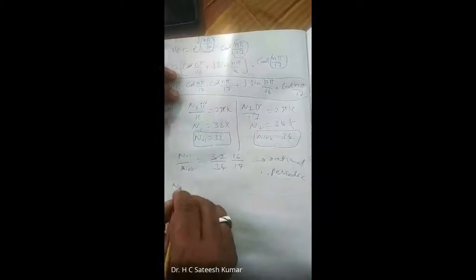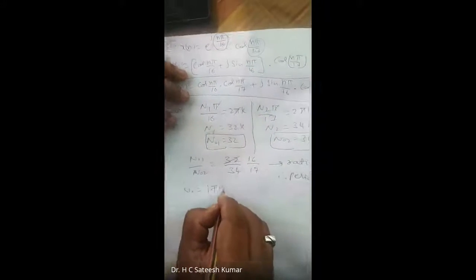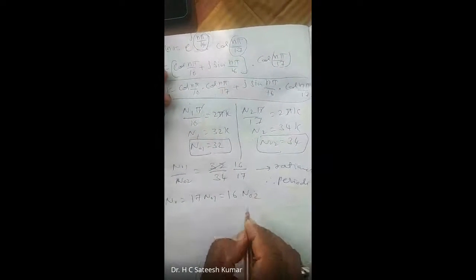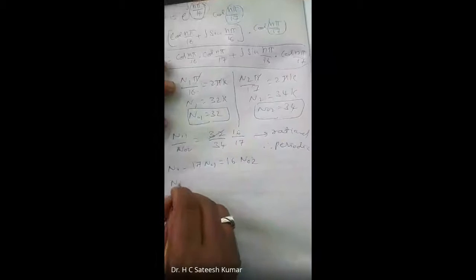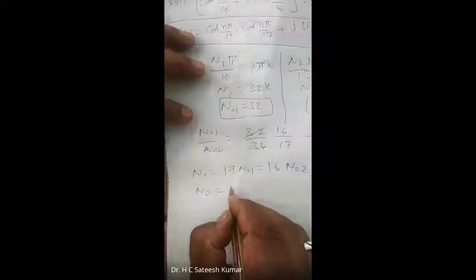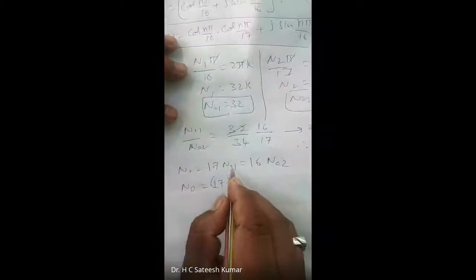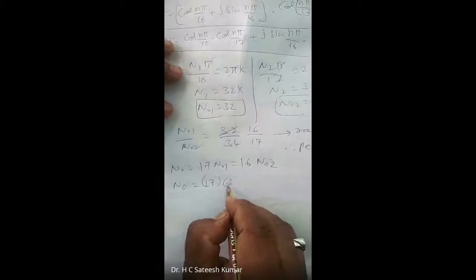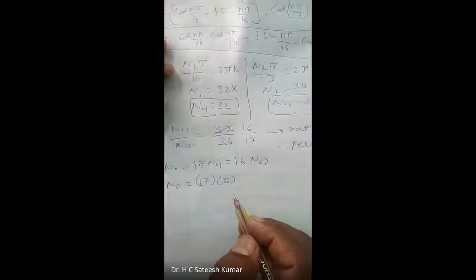N naught is equal to 17 N naught 1, which is equal to 16 N naught 2. So N naught is equal to 17 into N naught 1. N naught 1 is 32. How much is that? You can calculate and tell me.